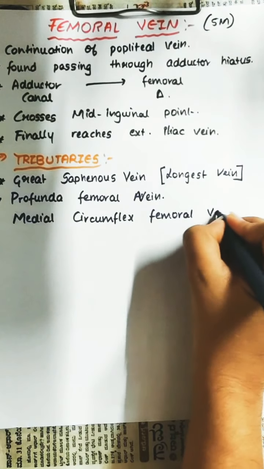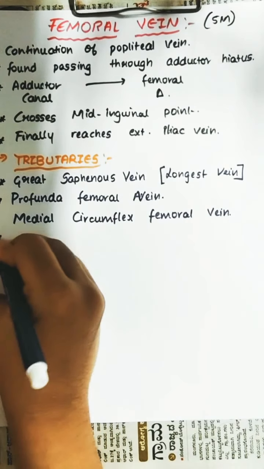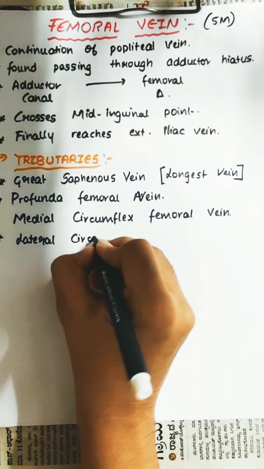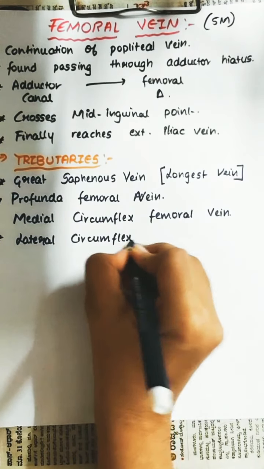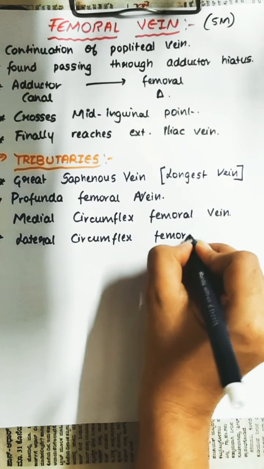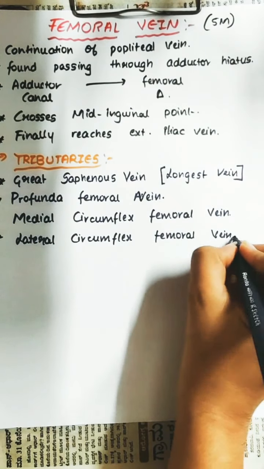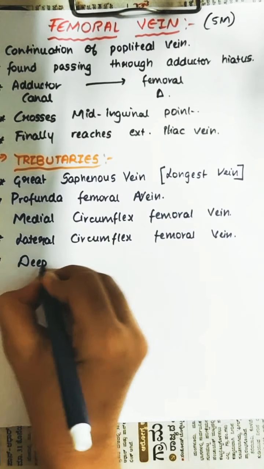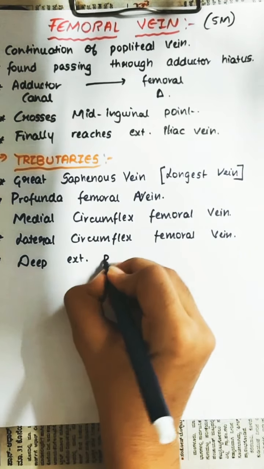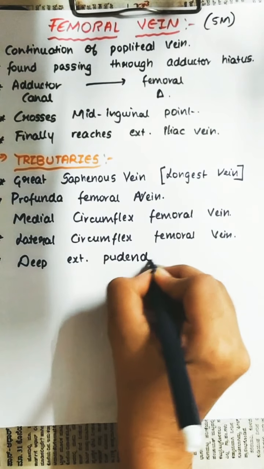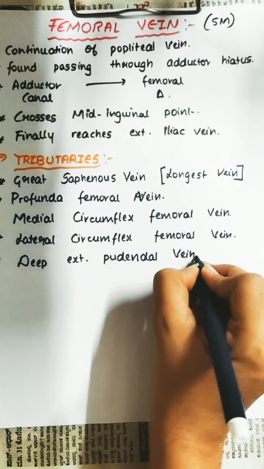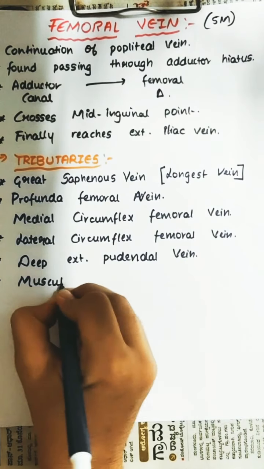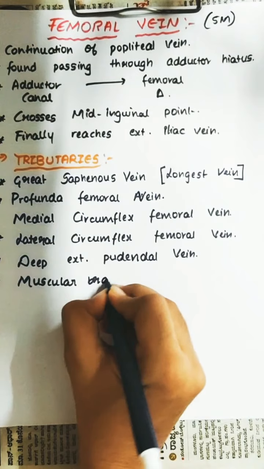Deep external pudendal vein and the muscular branches.